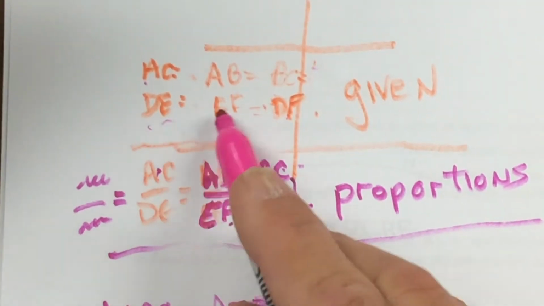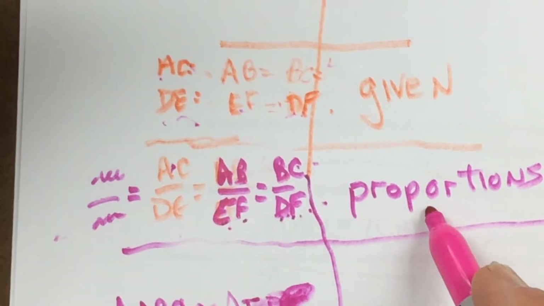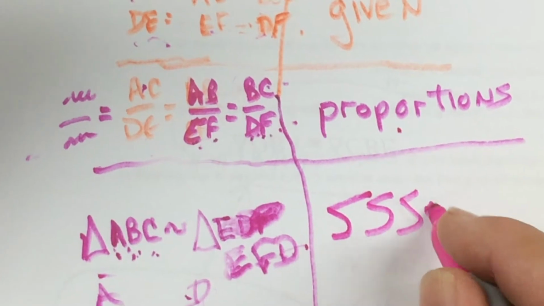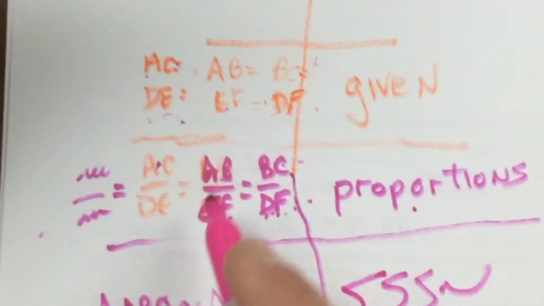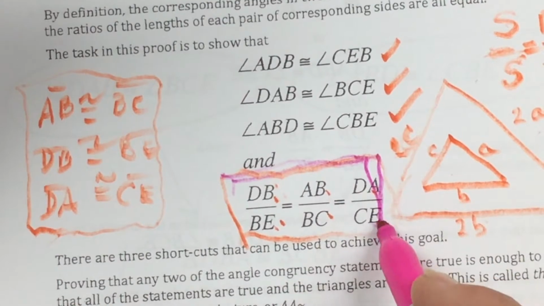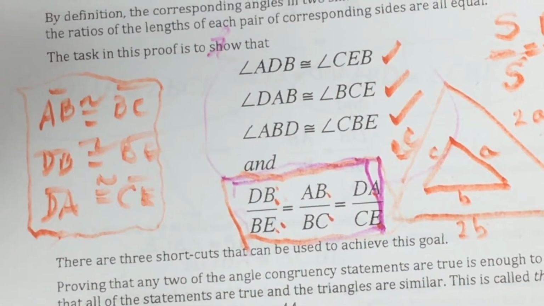Small, medium, large, check to see what the ratios look like. If they're all the same proportions, write S, S, S, similarity, and you're done. If you're given all 6 sides, you don't even have to look at the angles. That's the key. This will take care of itself.